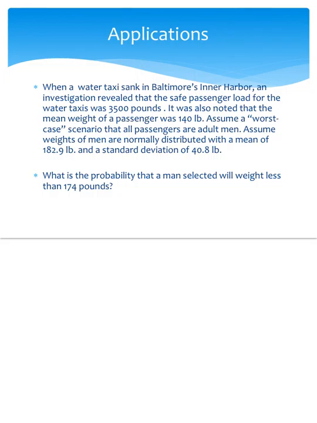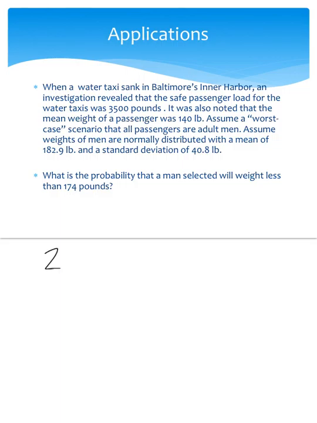If we assume the worst-case scenario that all the passengers are adult men, and we're going to assume that the weights of the men are normally distributed with a mean of 182.9 pounds and a standard deviation of 40.8 pounds, what's the probability that a man selected will weigh less than 174 pounds?